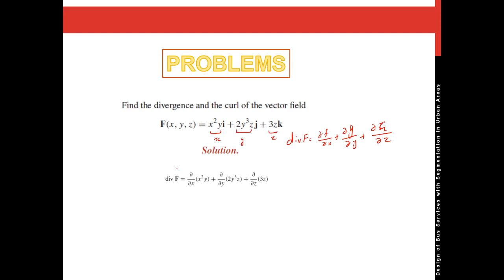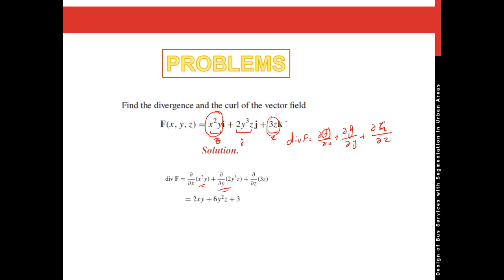That is, div F = ∂/∂x of x²y, this is our f, plus ∂/∂y of 2y³z, plus ∂/∂z of 3z.